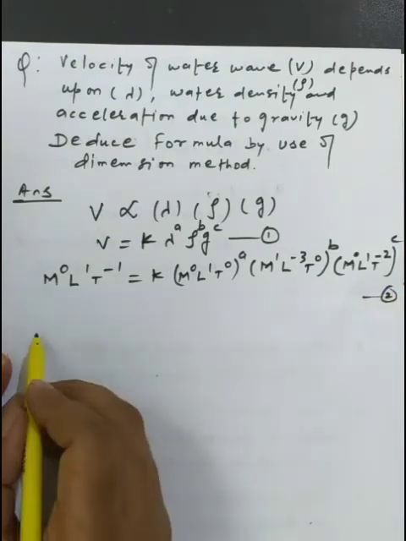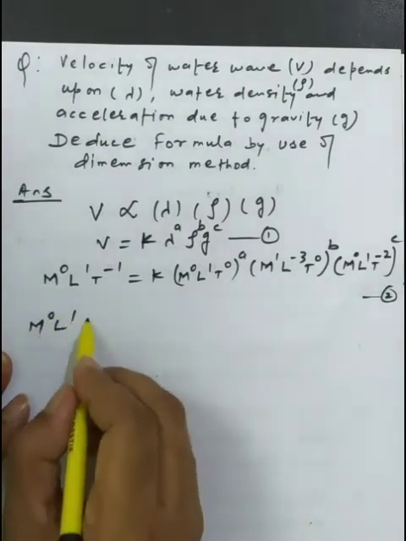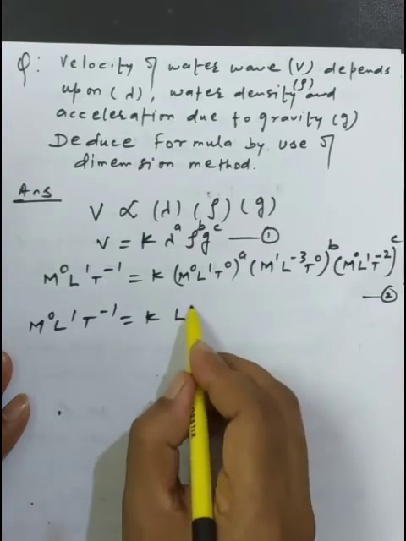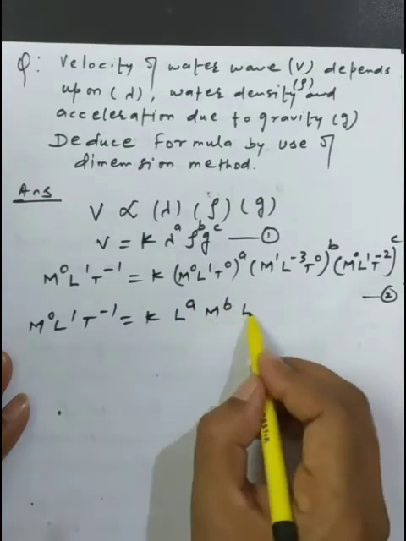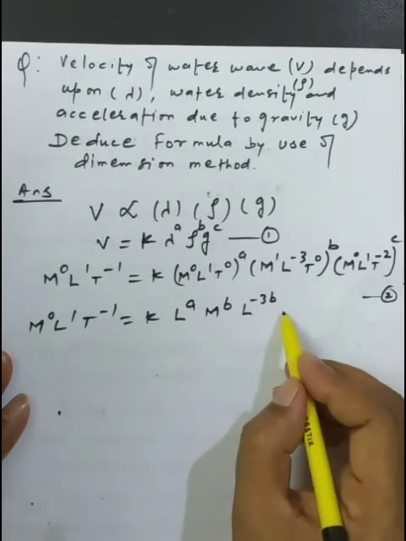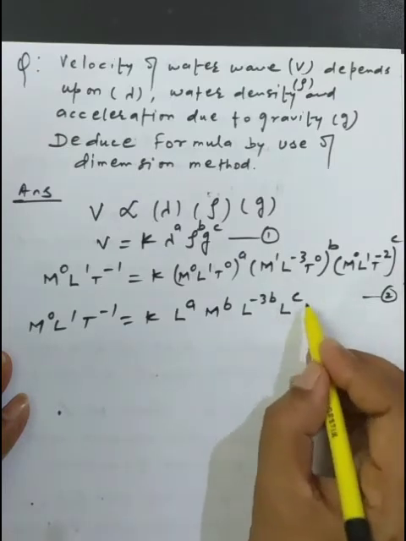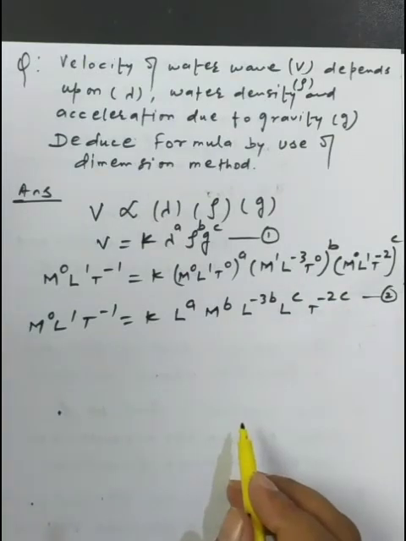Now we add the powers. M^0 L^1 T^-1 is equal to k times L^a, M^b L^-3b, and L^c T^-2c.